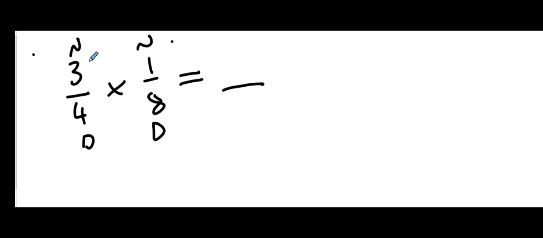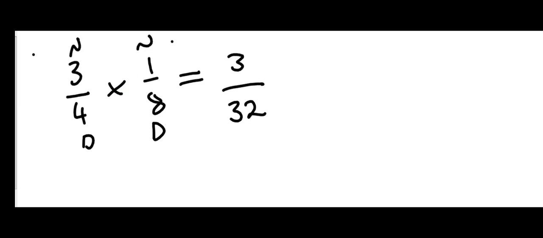So let's look at our numerators. We have a 3 and a 1, so 3 multiplied by 1 gives us 3. And then 4 multiplied by 8 gives us 32. Then we look and see if we can simplify our answer. Have they got any common factors except from 1? 3 over 32 doesn't.